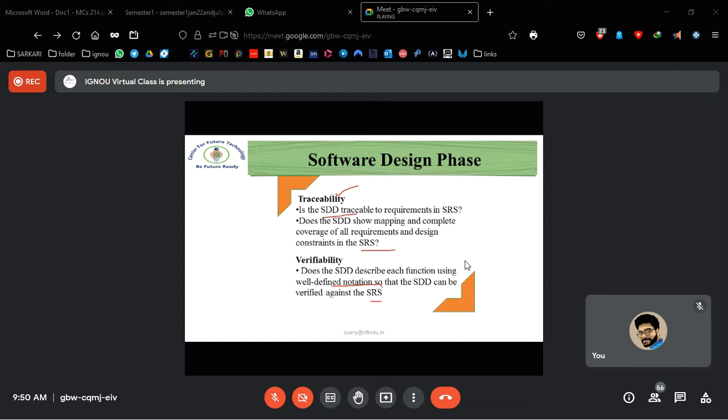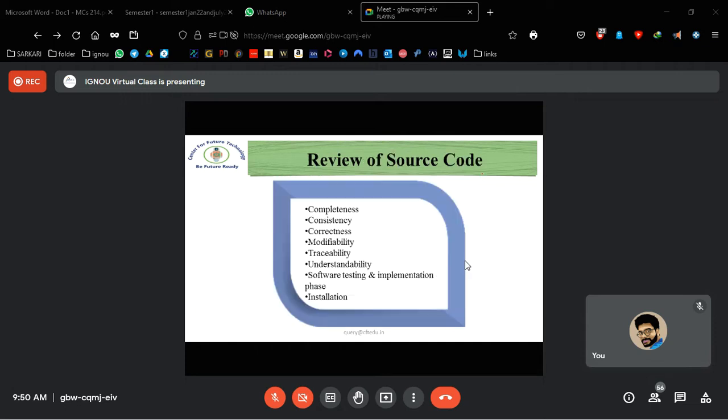Now we are assuming that we have entered the coding part. Once the coding is ready, if you are acting as a reviewer of the source code or auditing the entire source code, what aspects do you have to capture?